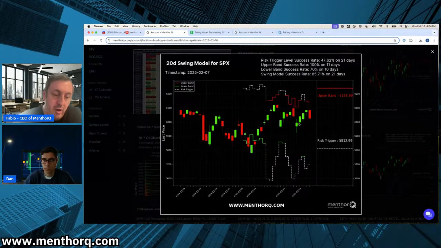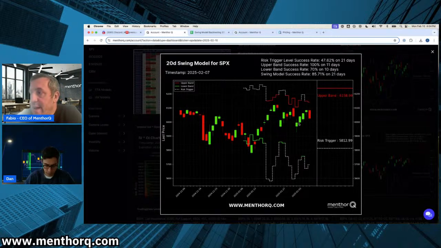The model is not only giving you a volatility around the asset that you trade, but is also providing you with a directional bias, based on a machine learning model that we built, looking at options data, momentum, and other factors. So whenever you see an upper band right here in red, the bias is bearish.